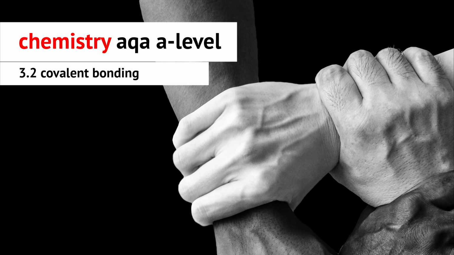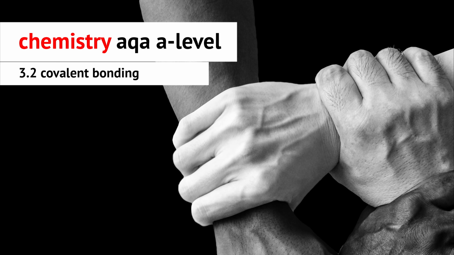A single covalent bond consists of a pair of electrons shared between 2 atoms. In most covalent bonds, each atom provides one of the electrons. But in some bonds, one atom provides both the electrons. This is called coordinate bonding or dative covalent bonding.